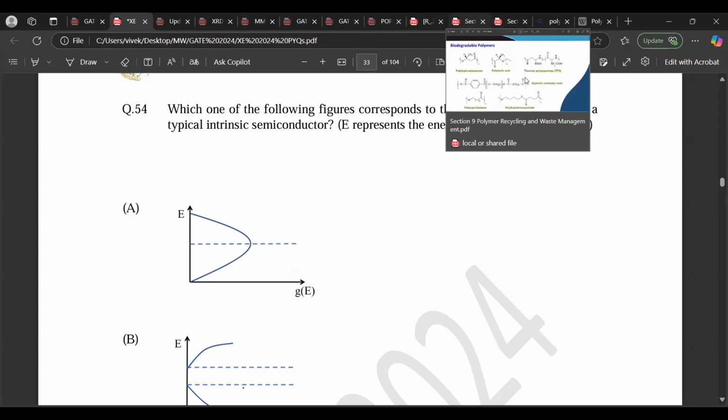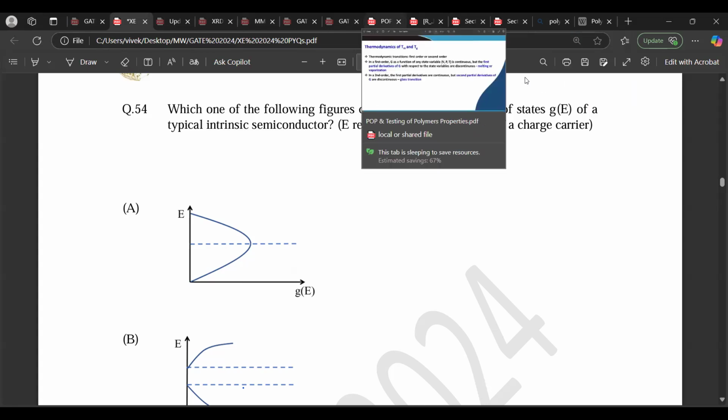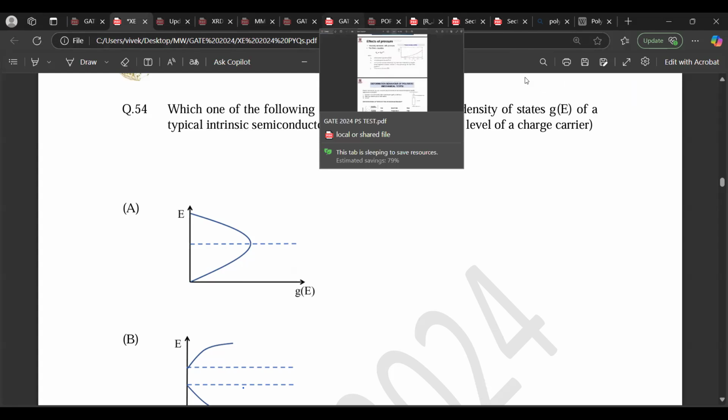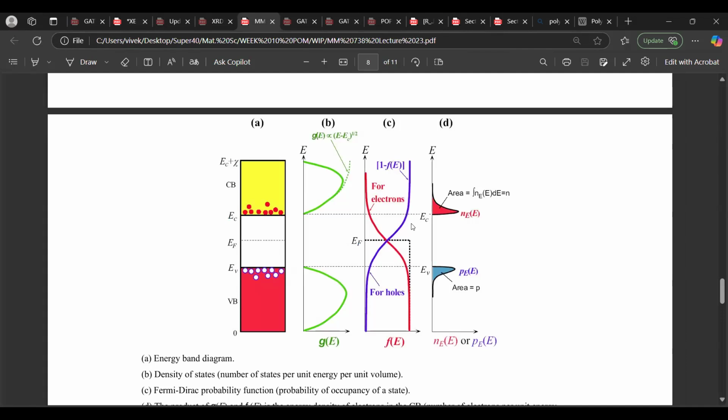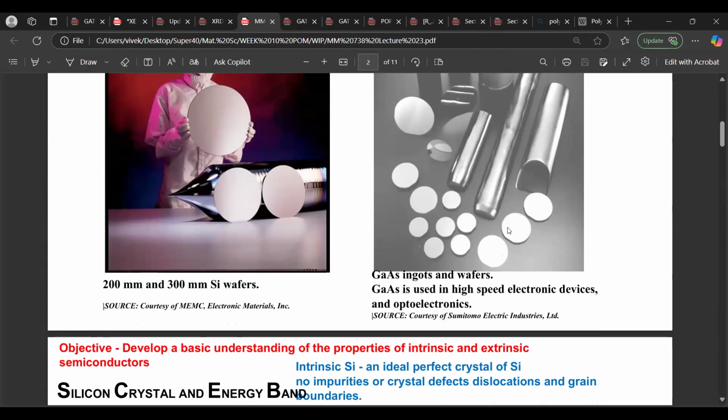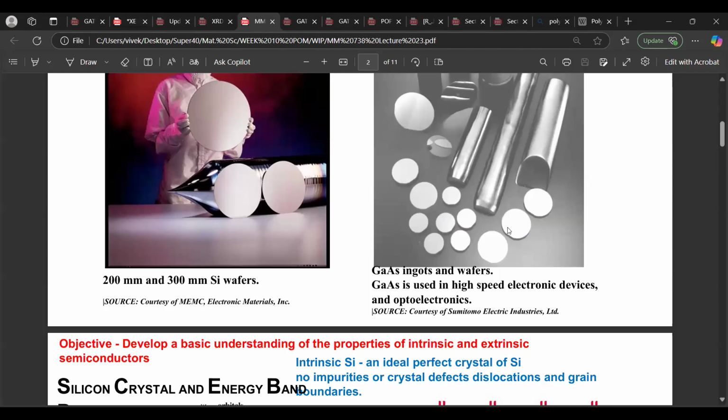That slide is Professor Ajit sir's notes on the electronic properties of materials. I have already shared this, a certain lecture number, in the test series particular drive folder.